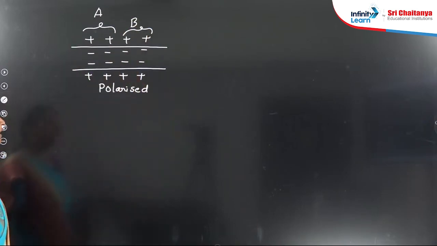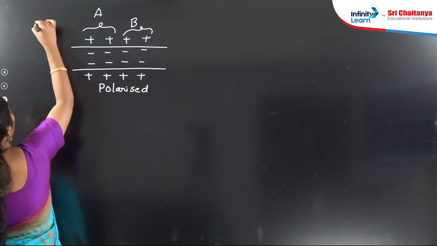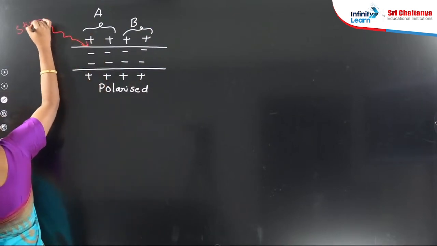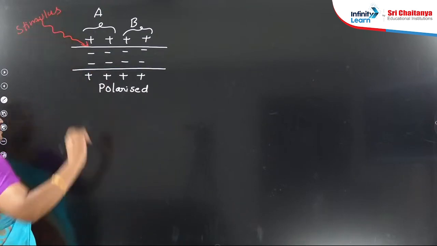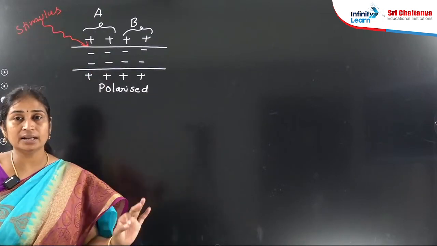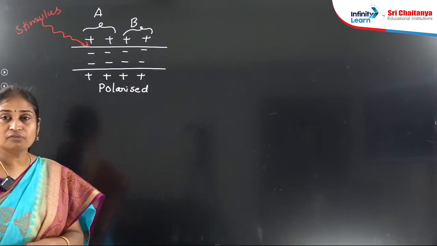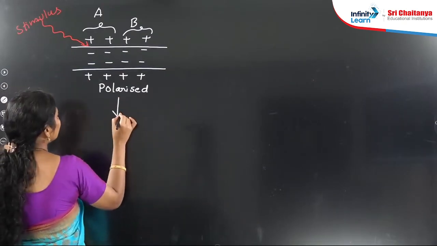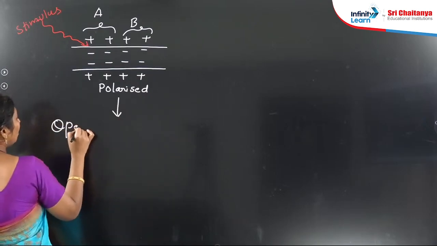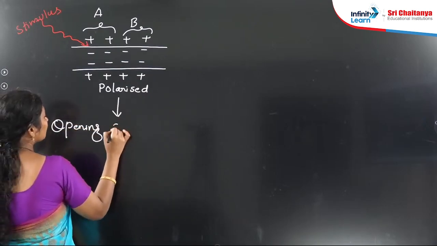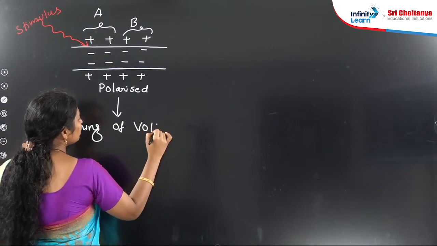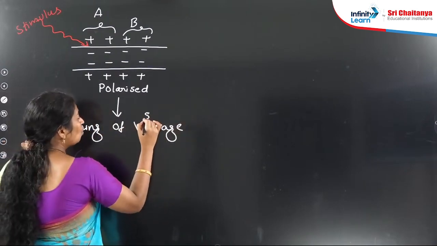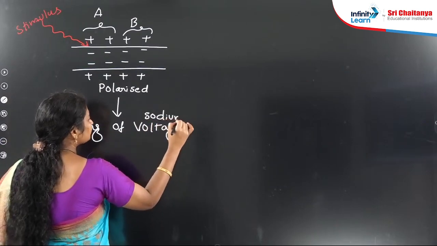Then some stimulus is given only at a particular point called A. Whenever the stimulus is given, it leads to opening of sodium voltage gated channels.